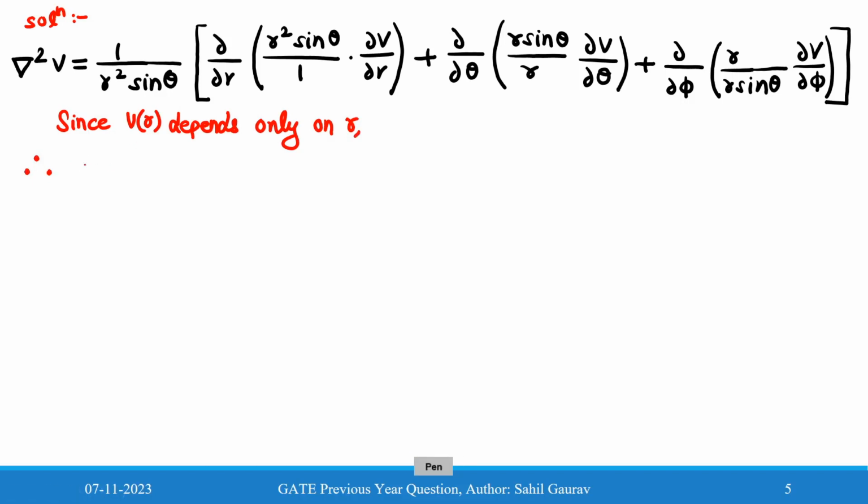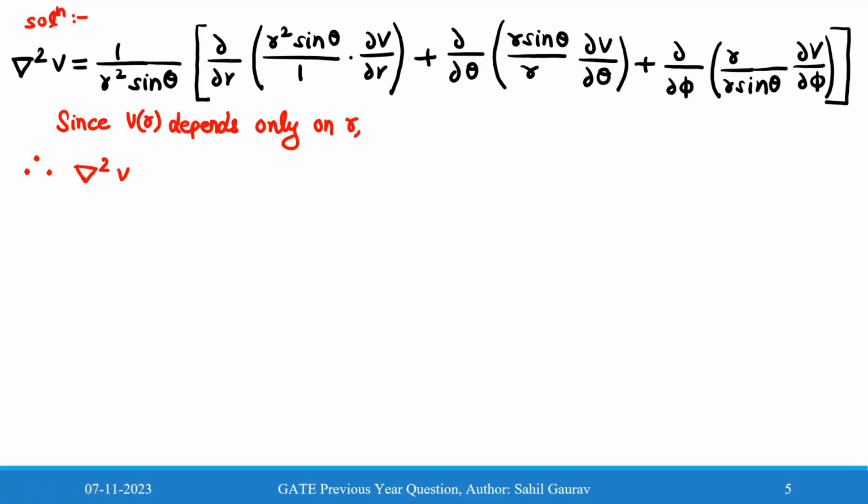Therefore del square V we can write like that, because the second and third terms become 0.